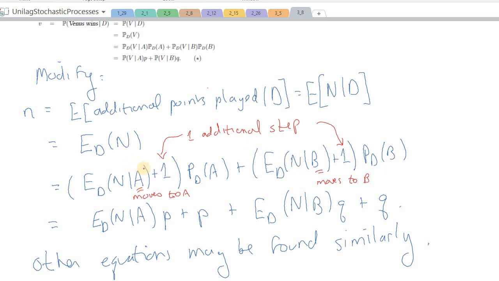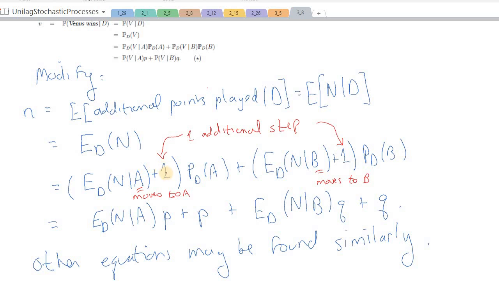Here I have the contribution in case the tennis game moves to A, and here I have the possibility in case the tennis game moves to B. Now, instead of just having expectation, I have expectation plus 1. Why is that?